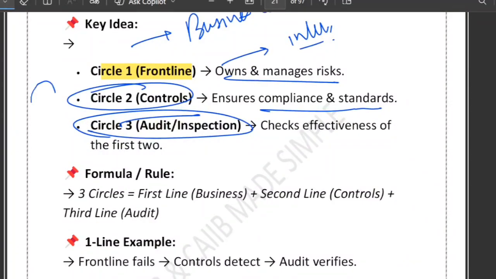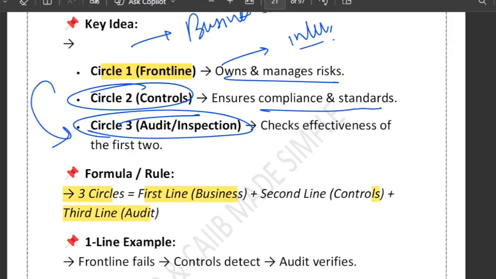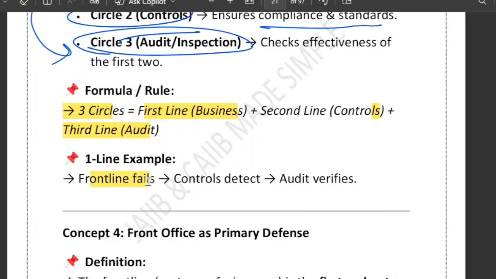So the formula is: first line business, second line control, third line audit. Suppose front line staff miss a KYC lapse, then control detects it, and then audit verifies it.